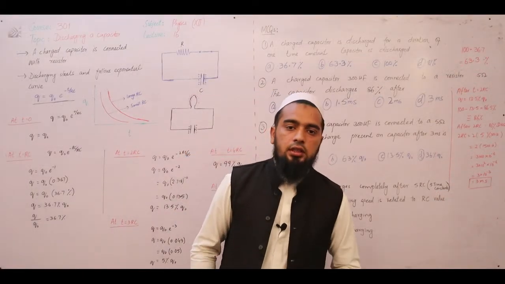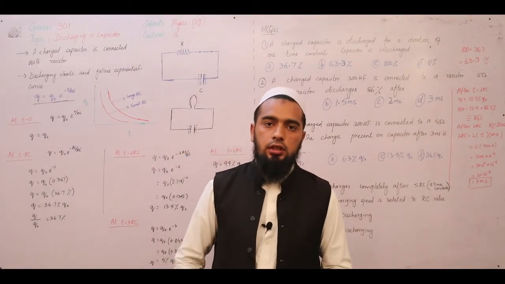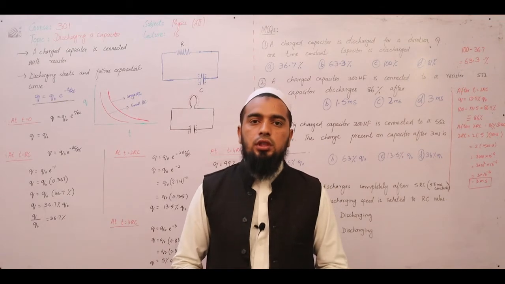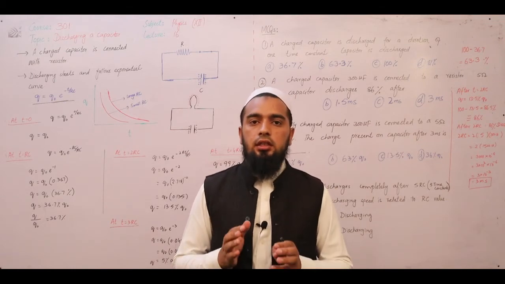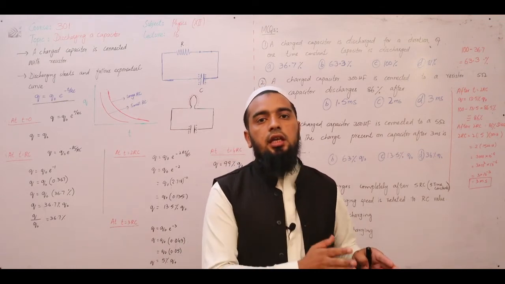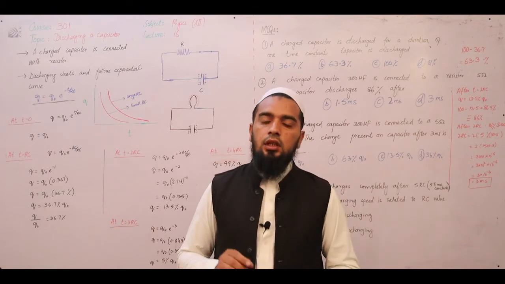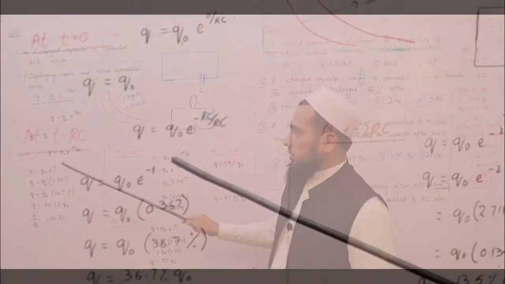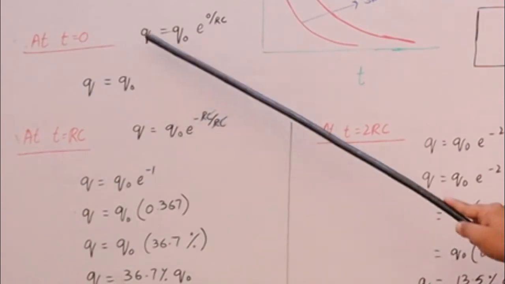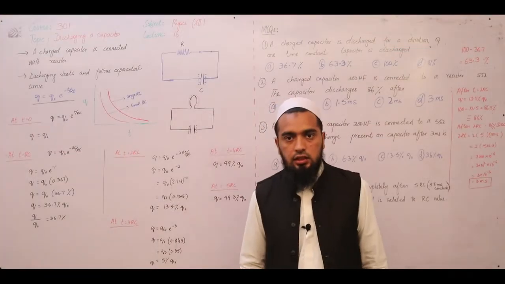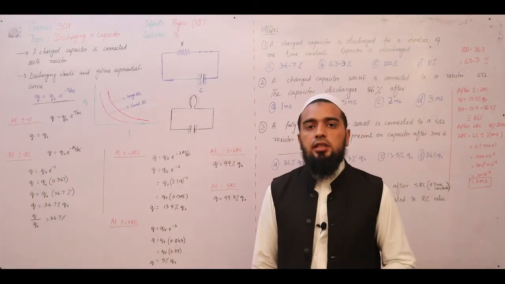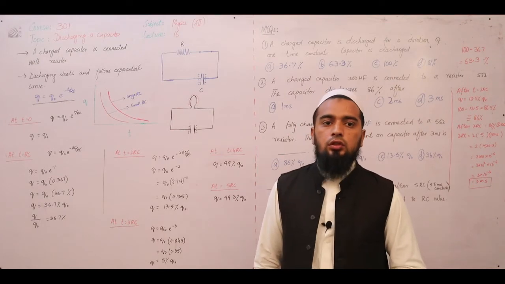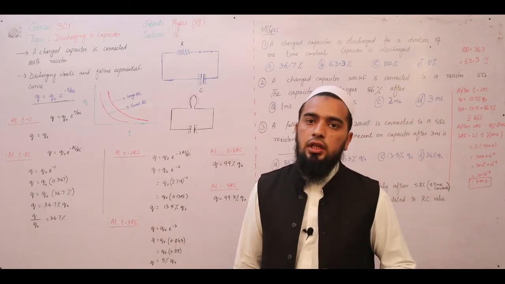Previously, when we were discussing the charging equation, that charging equation was giving us the charge present on the capacitor at any time t. At this point, this equation also gives us the charge present on the capacitor at any time t. So for the charging case, it was relevant.